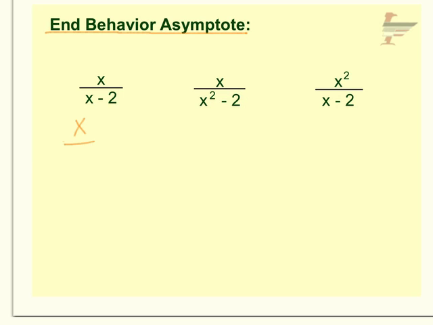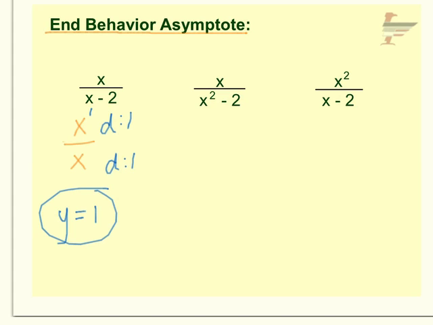So leading term x over leading term x, and then you learned how to compare the degree. So this degree up here, because it's x to the first power, the degree is 1, this degree is 1. If the degrees are the same, then you can just go ahead and simplify the fraction that you have. And x divided by x is 1, so we have y equals 1 for our EBA.